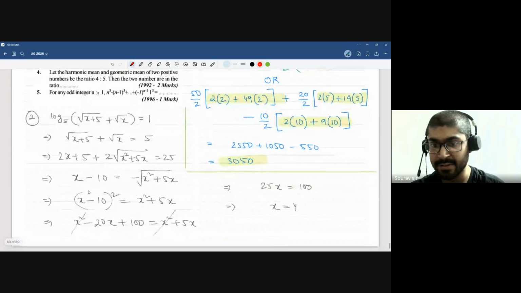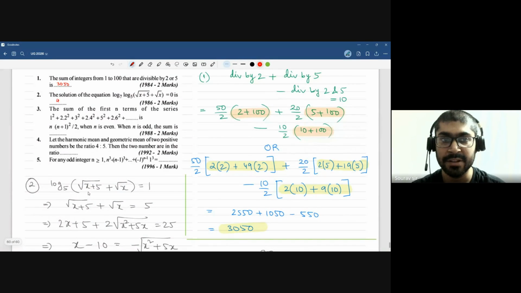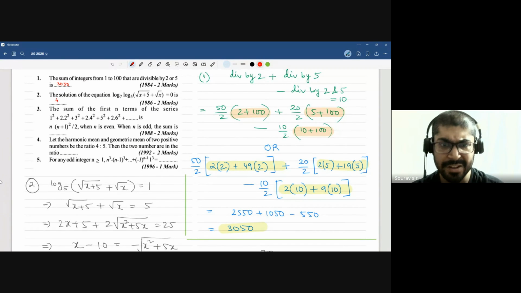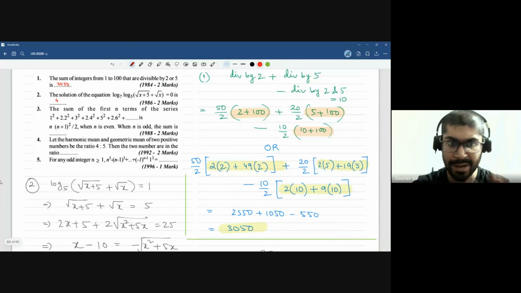The next one, yes? Anyone? Number 3. The sum of the first n terms of the series 1 into 1 square plus 2 into 2 square. Separate the terms. That is a hint.